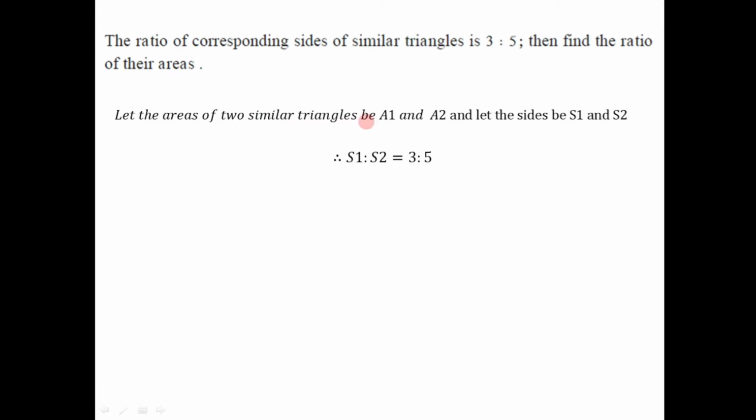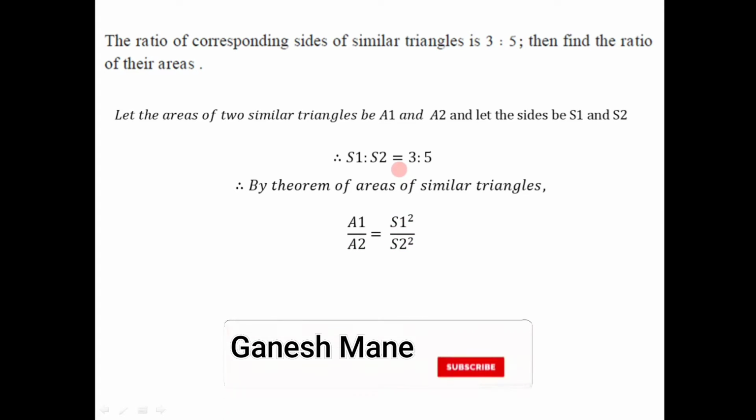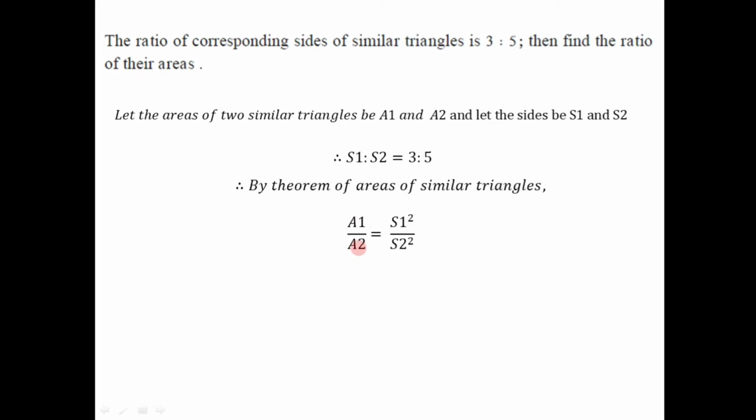We have supposed variables A1 and A2 for the areas of those two triangles. So we can write by the theorem of areas of similar triangles, A1 divided by A2 is equal to S1 square divided by S2 square, where S1 and S2 are corresponding sides of similar triangles. So it is given that the ratio of S1 and S2 is 3:5.